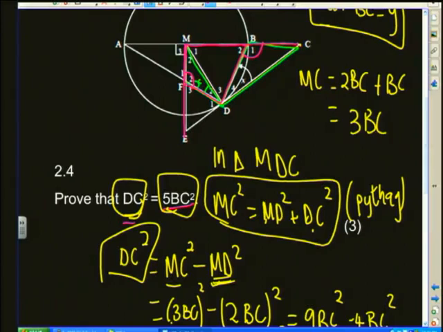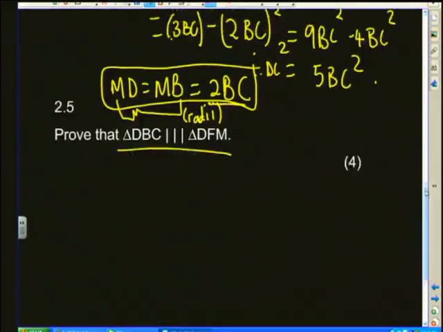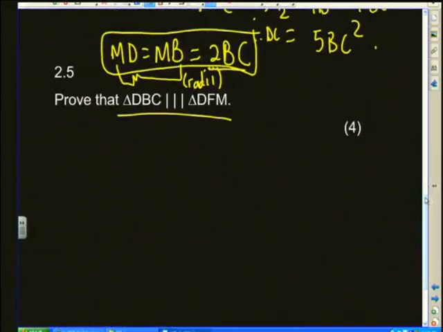So let's write all of this down. We're going to start by stating our triangles. Remember, it is important to state your triangles and make sure your order is correct. In this case, our order is correct.